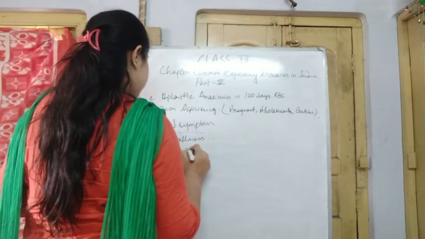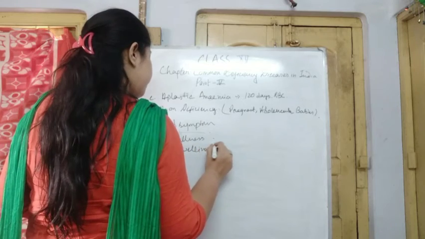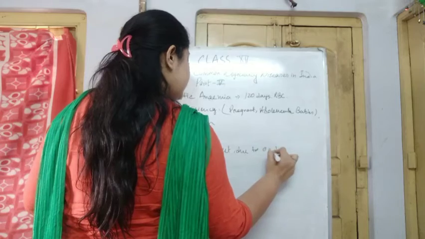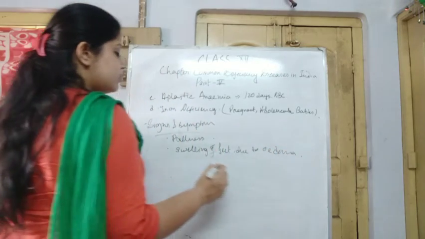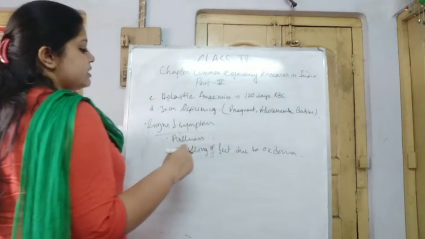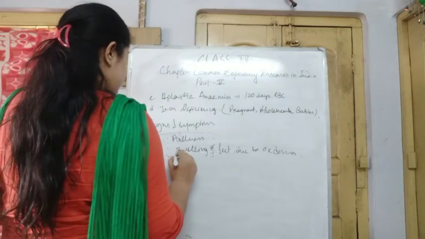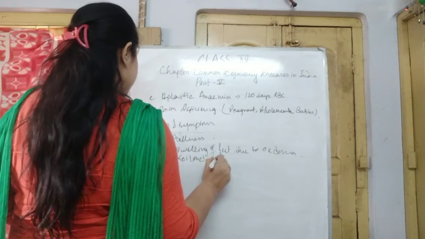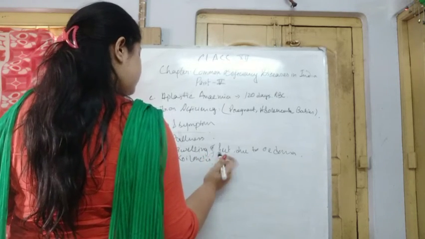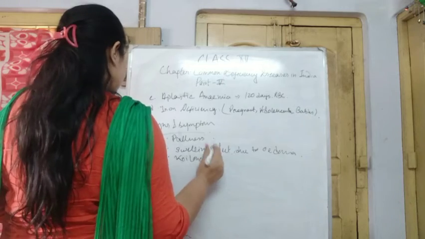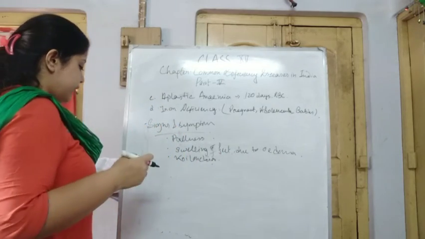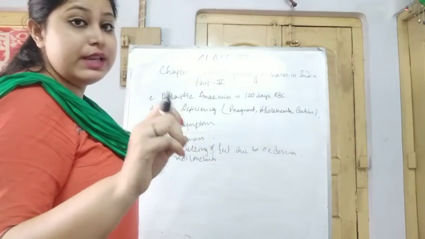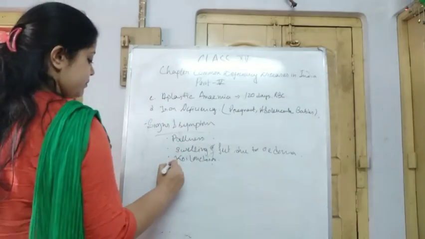Next is swelling of feet due to edema, so swelling of the extremities can be seen. Then third is koilonychia, which means the nails became papery thin and malformed.